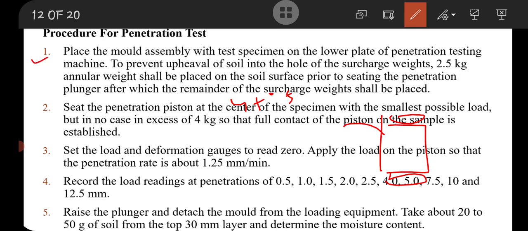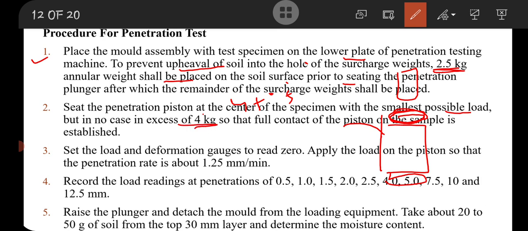Here I am reading the procedure. Place the mold assembly with the test specimen on the lower plate of the penetration testing machine. To prevent upheaval of the soil into the hole of the surcharge weight, a 2.5 kg annular weight shall be placed on the soil surface prior to seating of the penetration plunger. Seat the penetration piston at the center of the specimen with the smallest possible load, but in no case in excess of 4 kg.